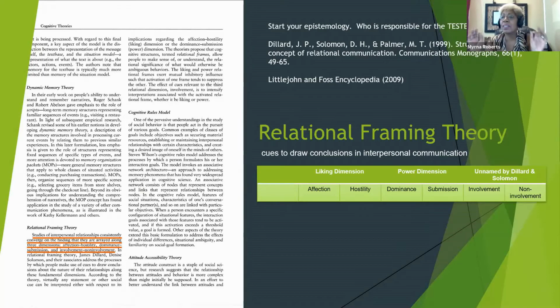You have to pay real close attention to that kind of conversation, because they're giving you a clue when they tell you that right off the bat. So it says arrayed along 3 dimensions: affection, hostility, dominance, submission, and involvement, non-involvement.